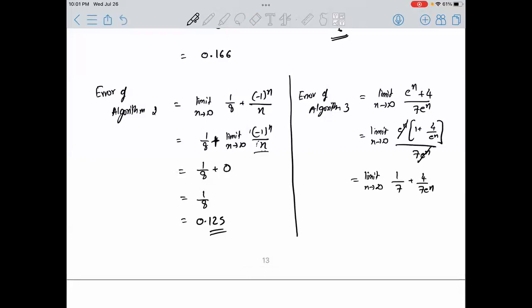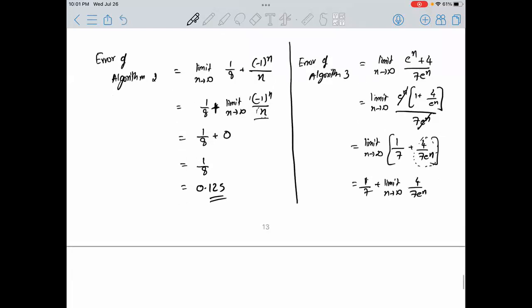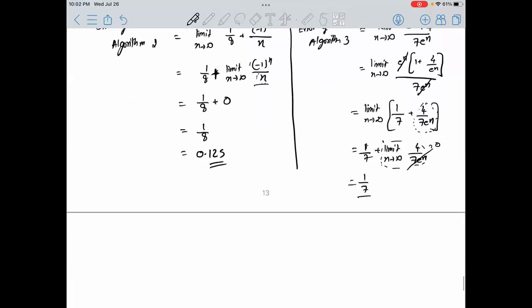Agree? Yes, sir. Then 1 by infinity is anyhow 0, so this whole term will become 0. So 1 by 7.